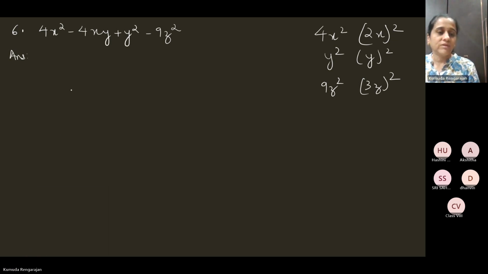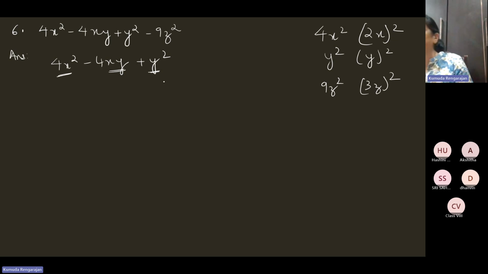See here, this minus 4xy should be written with 4x squared and y squared, so it should go with x squared and y squared. And it's already in that order, so you don't have to do any rearrangement. If it was not in that order, then you had to rearrange. But here, xy is already existing with x squared and y squared.